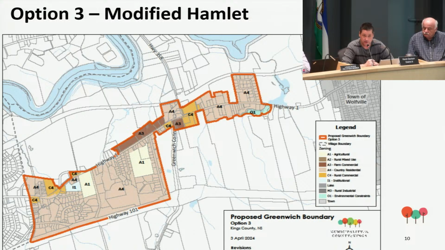If I'm going to pick one as the councillor of that area, option C is definitely the one I would be supporting. There is potential development for housing. When I first started, I had a meeting with Trish and Scott, and I knew nothing about the growth centers really.